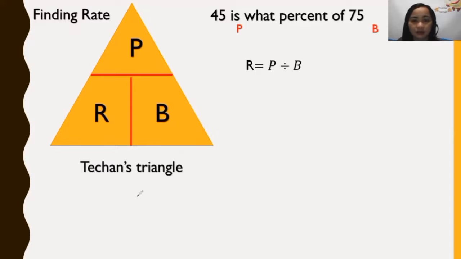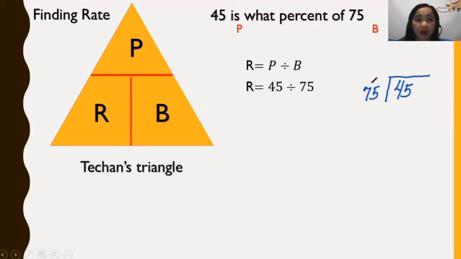Now, so we have here substituting the value. We have 45 divided by 75. So now, let's compute what is 45 divided by 75 here. O, kung mapapansin nyo, nasa loob lagi si percentage. So, 45 divided by 75 is 0. 0 siya. So, what we need to do is add decimal point and add 0 here.